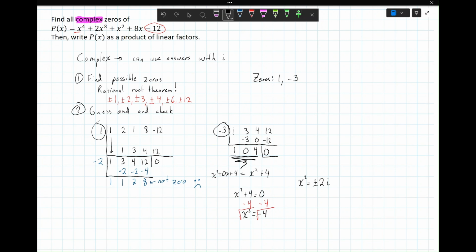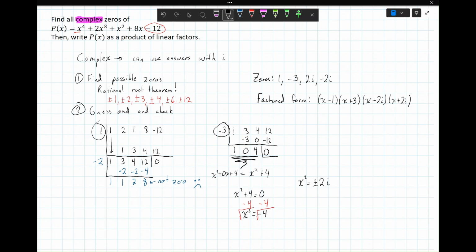So my zeros are 1, -3, 2i, and -2i. So if I'm going to write my factored form, I can write this as x minus 1 times x plus 3 times x minus 2i times x plus 2i.